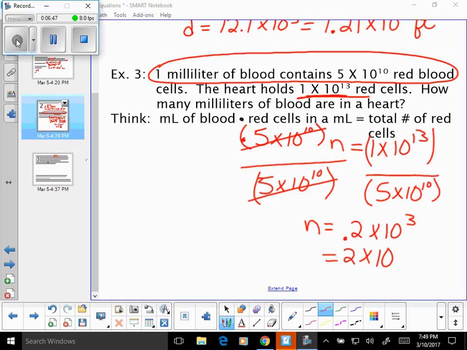Now if it's 3 from the decimal point that's in our answer, we actually have moved it this way. From here, it was 3, so from our new position, it's only going to be 2. And most likely, they would want you to put that into a whole number or standard form of 200 milliliters. But if you left it as 2 times 10 to the second milliliters, that would be okay too.